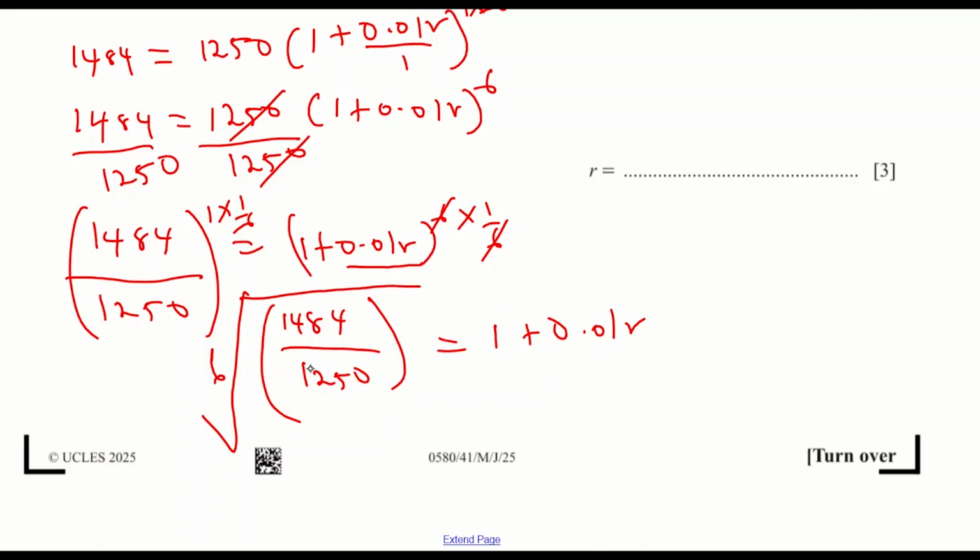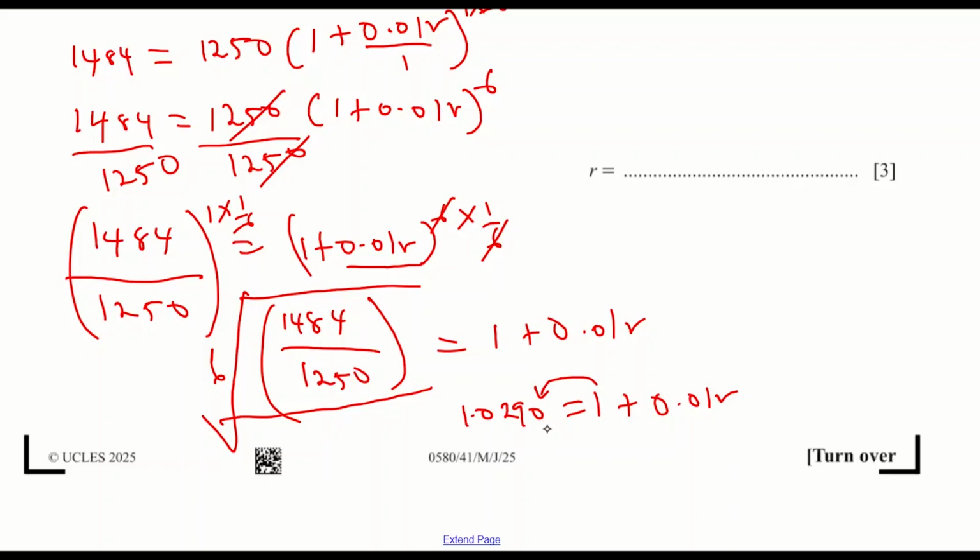So I can input this into my calculator, and the whole of this equals 1.0290, equals 1 plus 0.01r. So I can collect like terms, subtracting 1 from both sides.